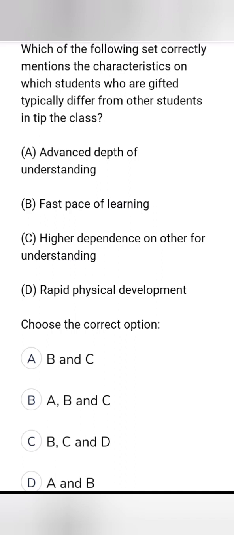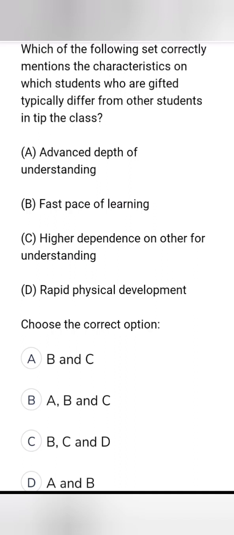Next question is which of the following set correctly mentions the characteristics on which students who are gifted typically differ from other students in the class? A, advanced depth of understanding. B, fast pace of learning. C, higher dependence on others for understanding.